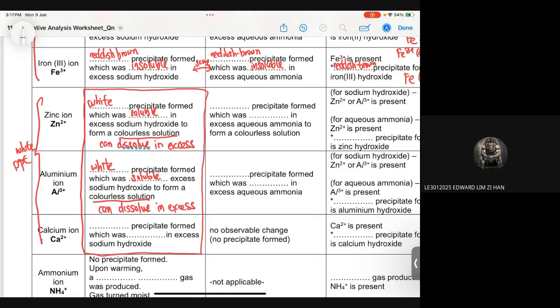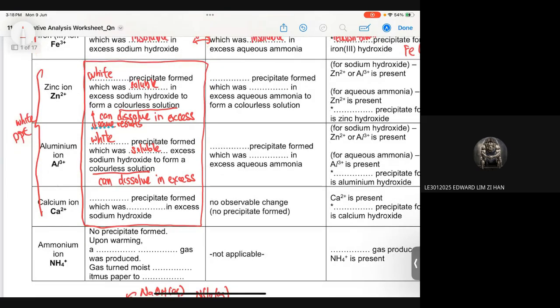So if I add sodium hydroxide, actually I cannot differentiate whether it is zinc ion in the solution or aluminium ion in the solution. So I tell you first, if you add sodium hydroxide, you cannot differentiate between aluminium and zinc because the results are the same. So sodium hydroxide cannot differentiate between aluminium and zinc. Cannot.